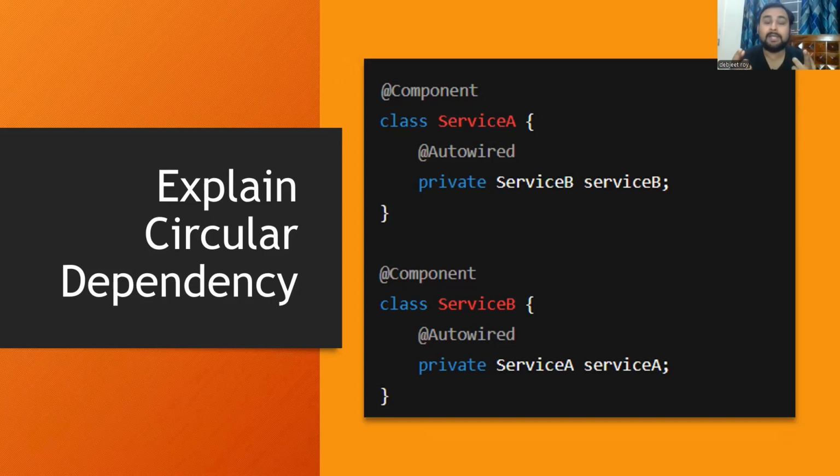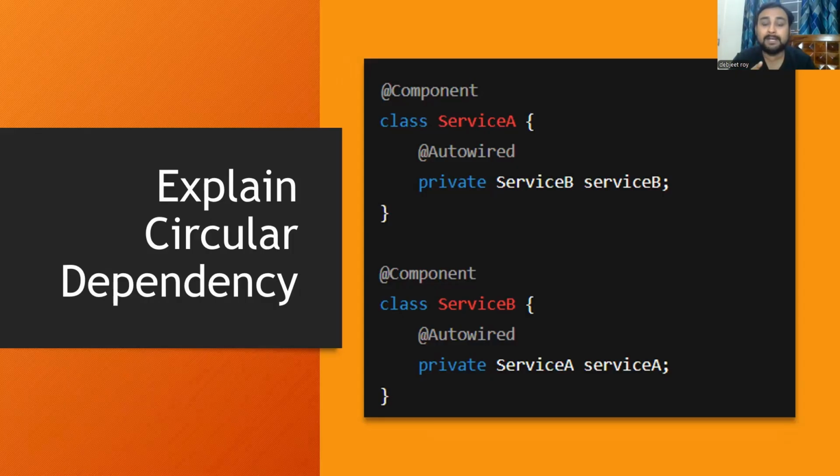At runtime, when the Spring container tries to inject a dependency of service B in service A, internally it will search for any Spring managed component for service B. It will find out that yes, service B is present as a component, so it is ready for getting dependency injected by the container.